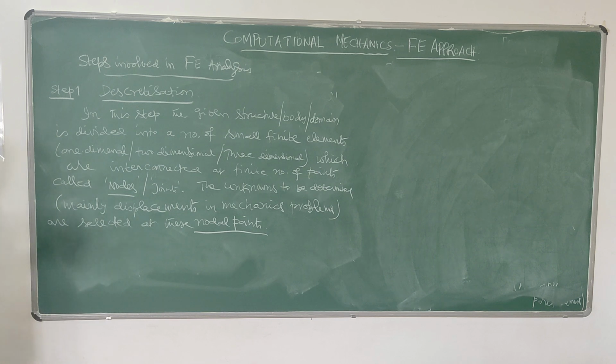So within the bandwidth, only the elements which exist there can be utilized for the analysis, which saves storage space in the computer. While discretizing, you have to number the nodes in such a way that the half bandwidth becomes minimum.